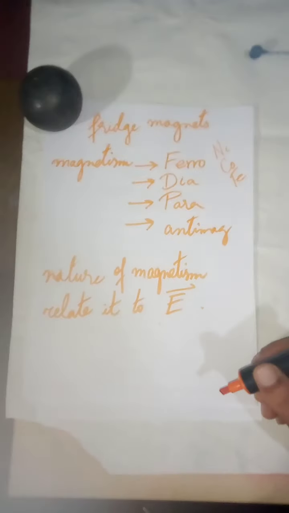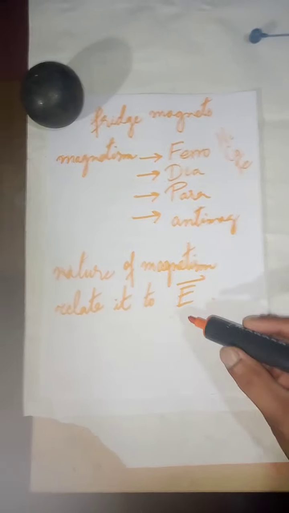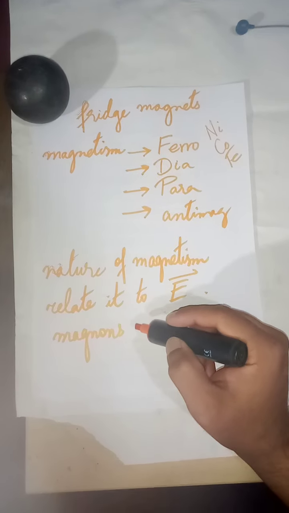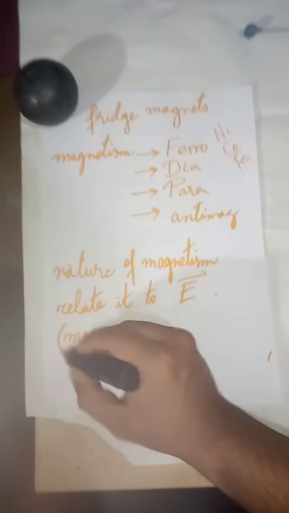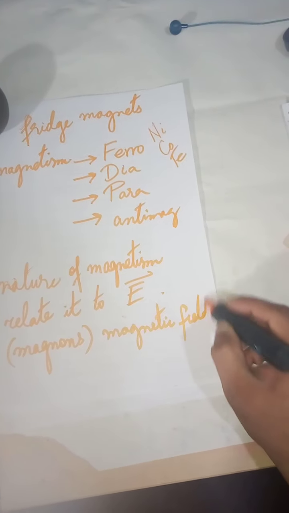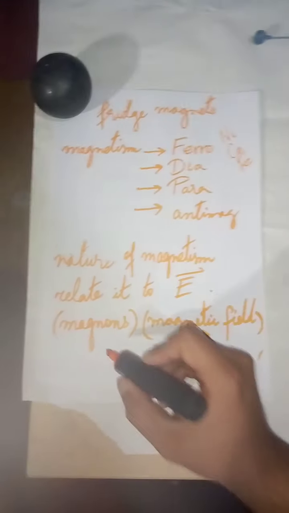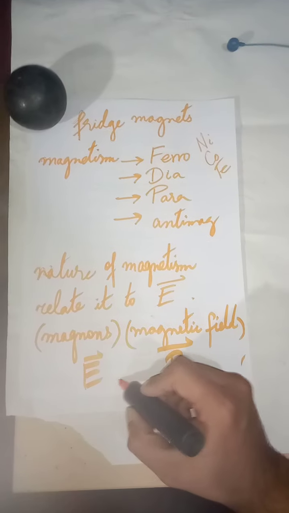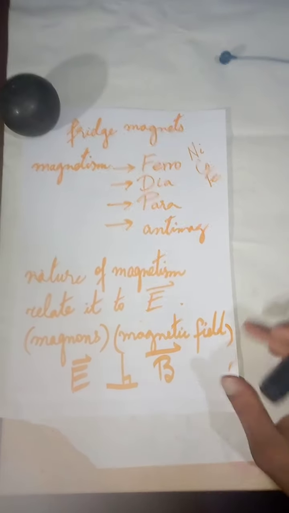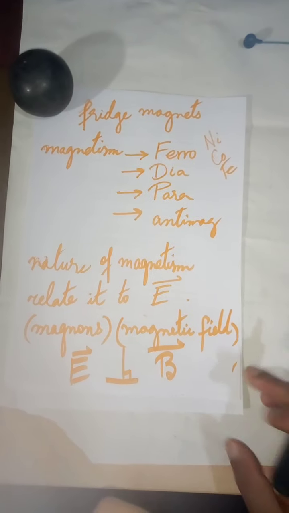I state that magnetism is expressed by magnetic fields, and just like there are electrons and photons, there are magnons that convey the magnetic field, which is denoted as B. So E for electric field and B for the B field, and they act orthogonally to each other. They understand it, and after that I discuss the anatomy of a typical magnet.